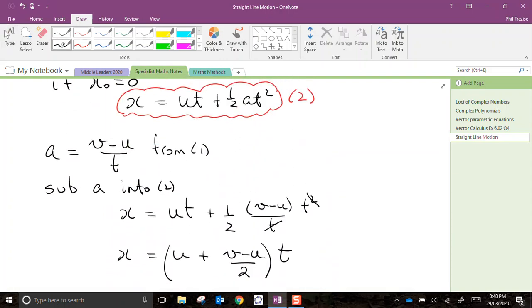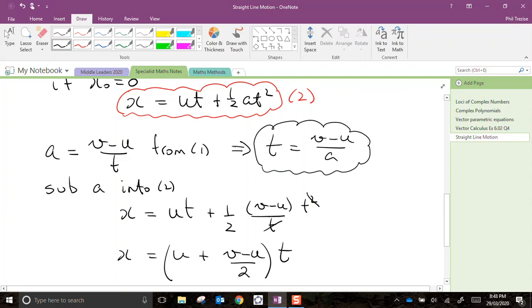Do we note back here in equation number 1, equally we could rearrange this as t equals v take u over a. That gives us an expression for time.